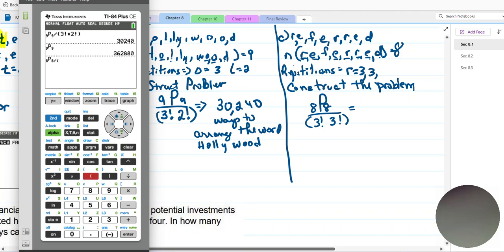Open parentheses is above the number keys. Oh, what did I forget? Oh yeah, I forgot to do the side arrow to make it come up. Let me go back. I have to delete that one. Almost made a mistake, sorry about that. I'm going to hit divide and open parenthesis, and we're going to put 3 factorial times 3 factorial.